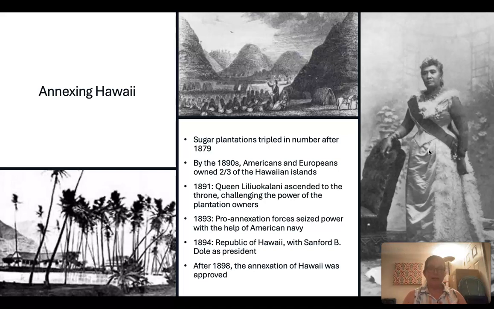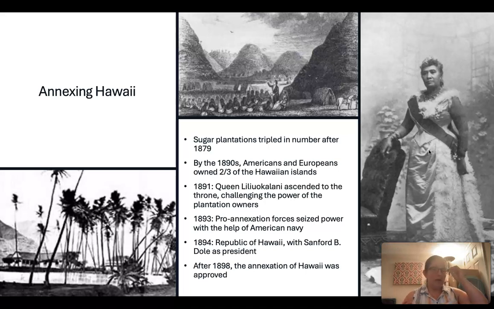She and the plantation owners struggle for power until 1893, when she issues a constitution that greatly enlarges her power. This causes pro-annexation forces to move to depose her with the help of the American Navy.